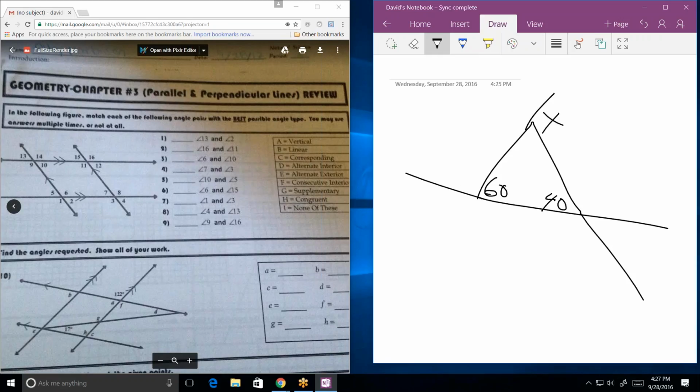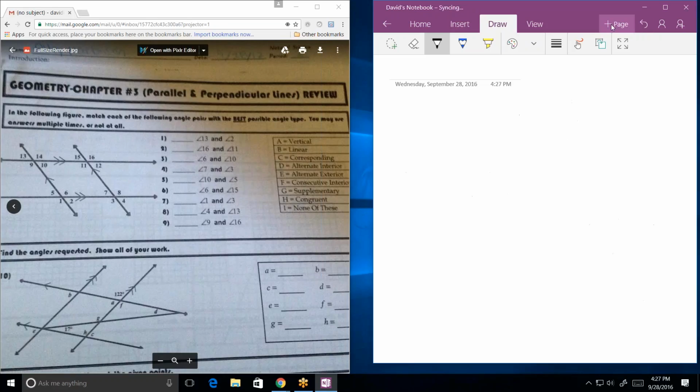What's X equal to? 100. Yeah, that's what the exterior angle theorem says. It's always the angle outside of the triangle at a vertex, and it's always equal to the sum of the other two angles that are not linear to X.